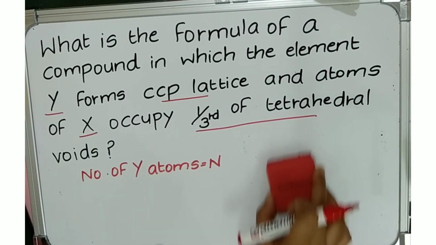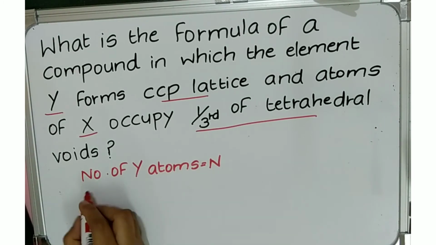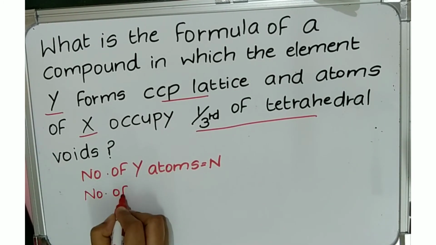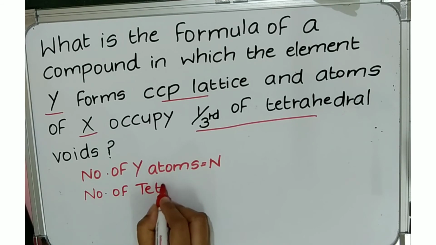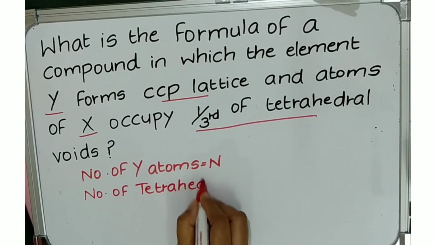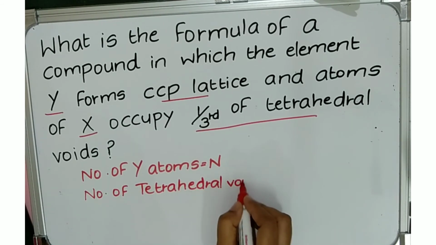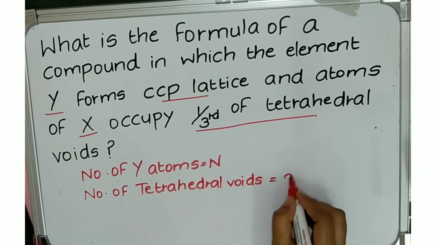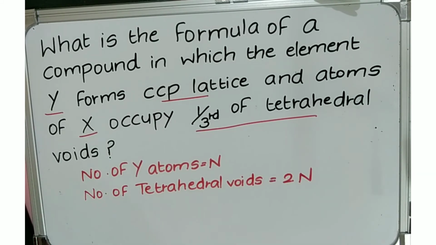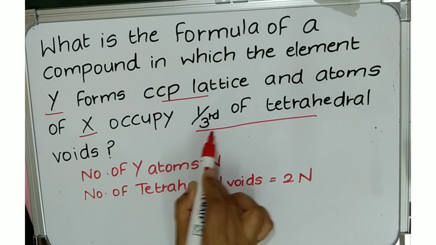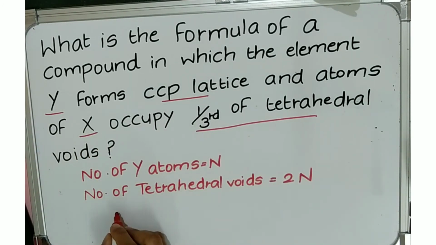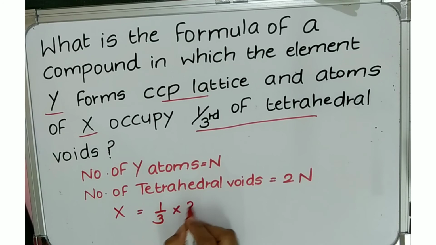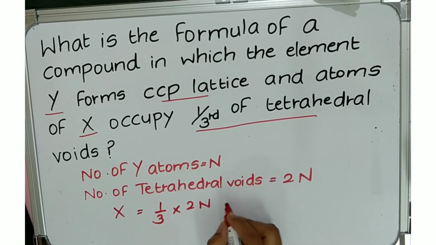Therefore, number of tetrahedral voids will be twice of n. Now, X occupy 1/3 of the tetrahedral void. So, X is equal to 1/3 of tetrahedral void, that is 2n, which is equal to 2n by 3.